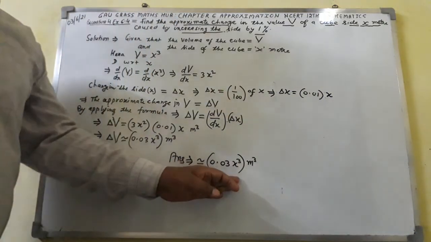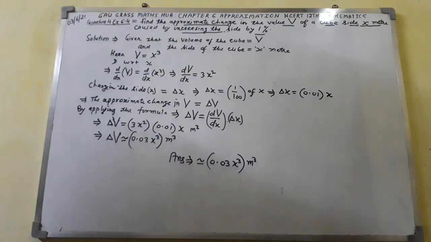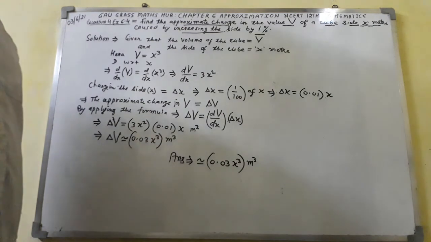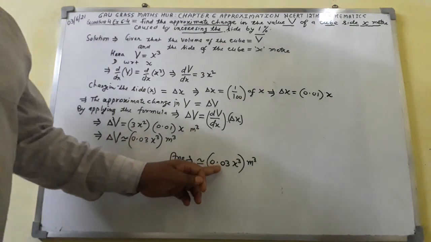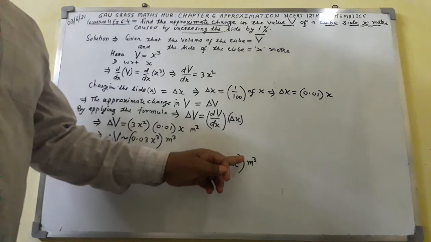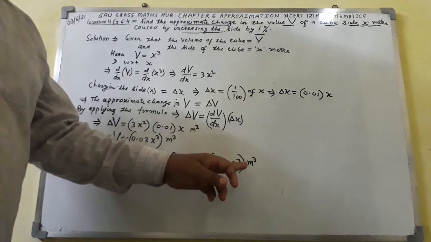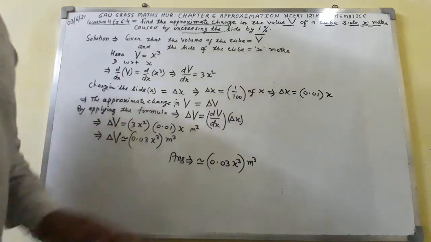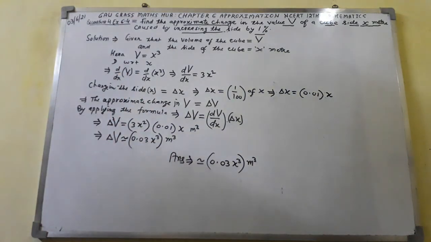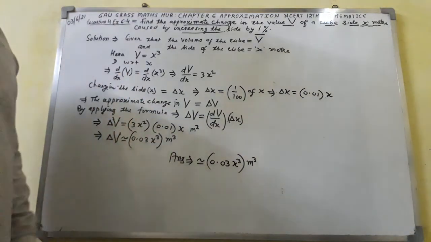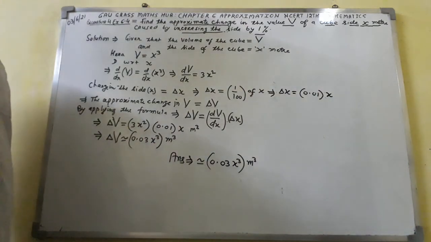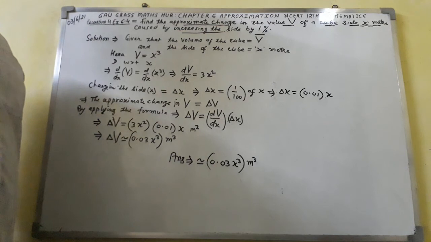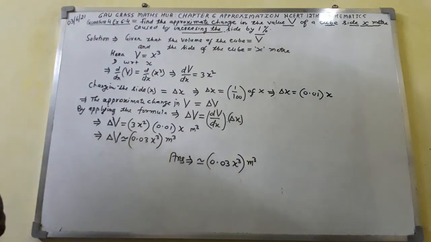This will be the correct answer you have got, the correct answer of question number 4. The approximate value is 0.03 x raised to power 3 m cube. This is the proper explanation and solution of question number 4, taken from exercise 6.4, chapter 6, Approximation, of NCERT Class 12 Mathematics. Okay, thanks.